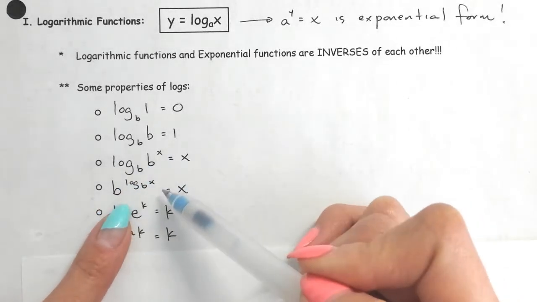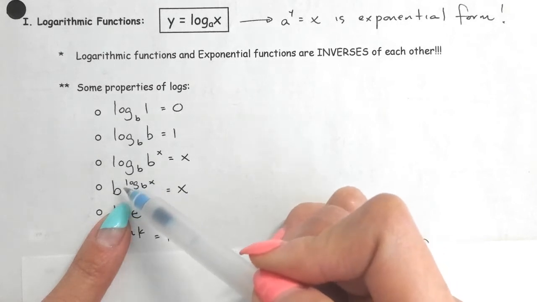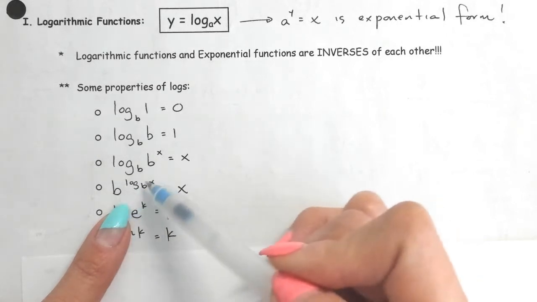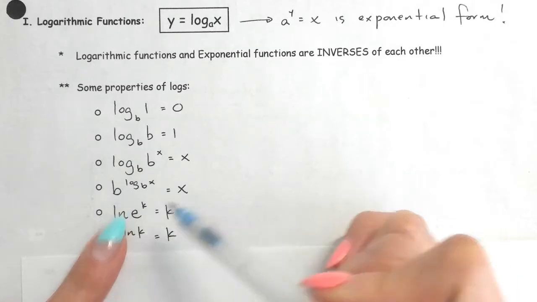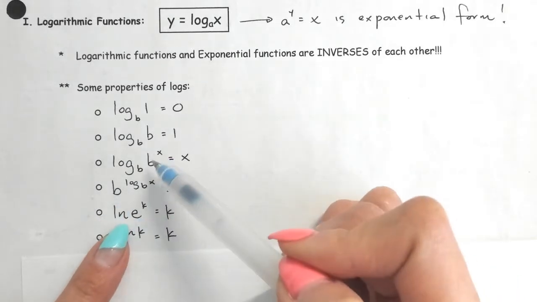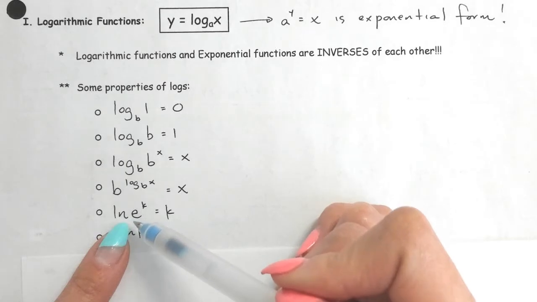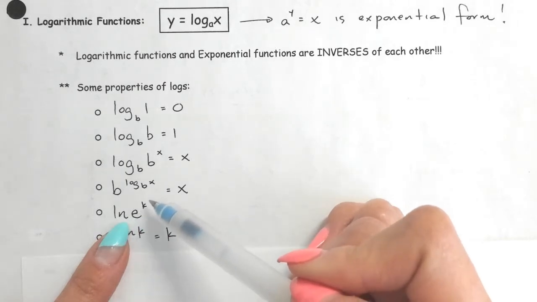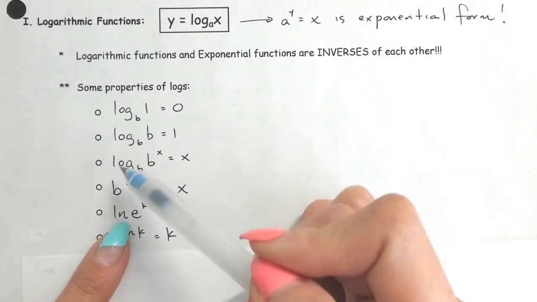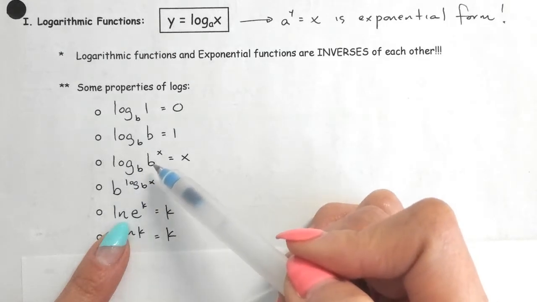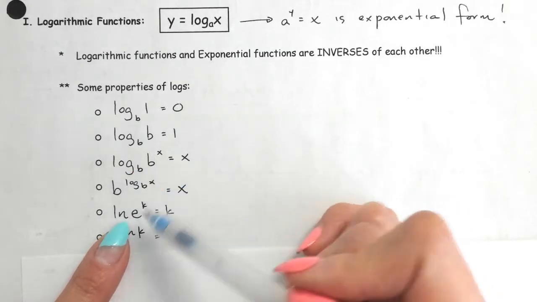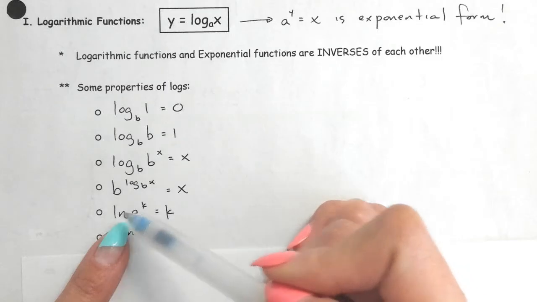This is a property of logs, so b to the power of log base b of x is x. And then this is the same thing as this, except this is log base e of e to the power of k, which is k. So log base b of b is 1, so log base e of e is also 1.